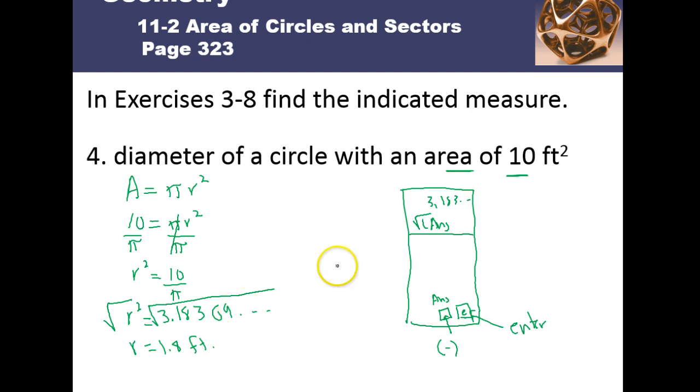Now, if you can't do the whole calculator part, you can just do the square root of 3.18, which is 1.8.